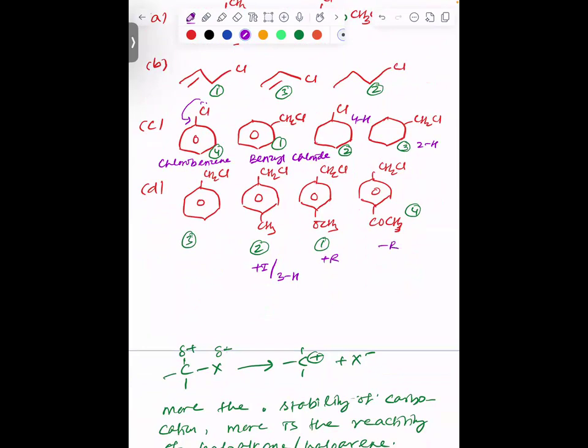Which will be most stable? Plus R stabilizes the carbocation more than plus I, then no effect, then minus R decreases the stability of carbocation. Again repeating, minus R decreases the stability of carbocation. I think it is clear.